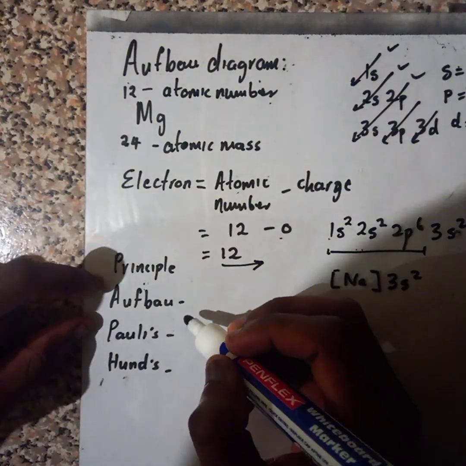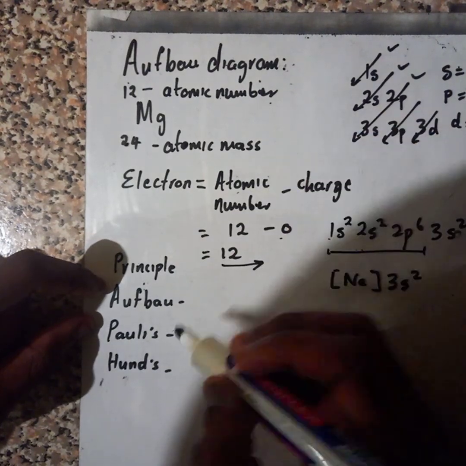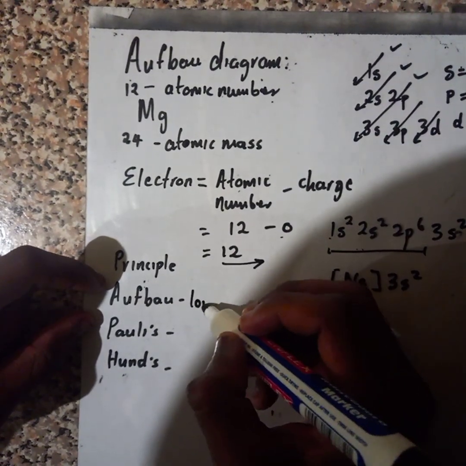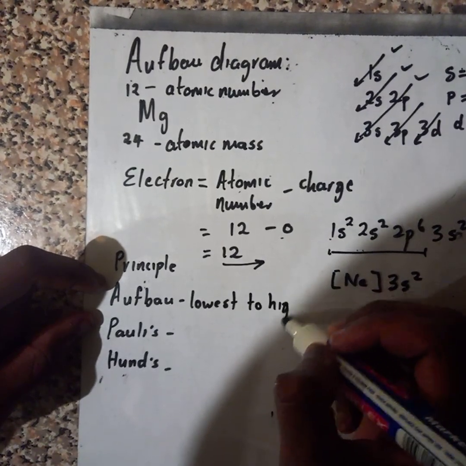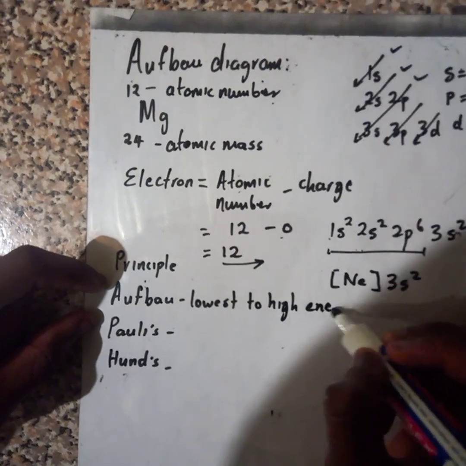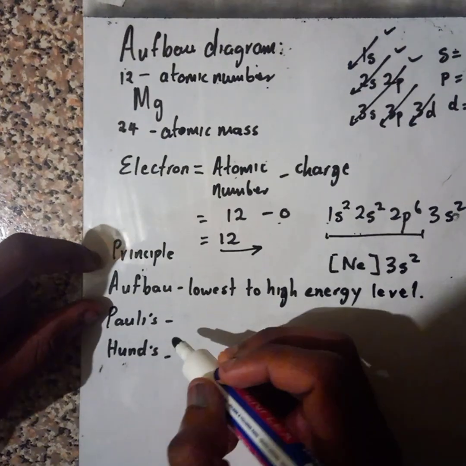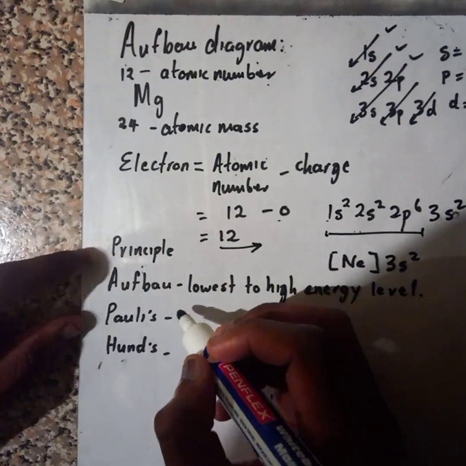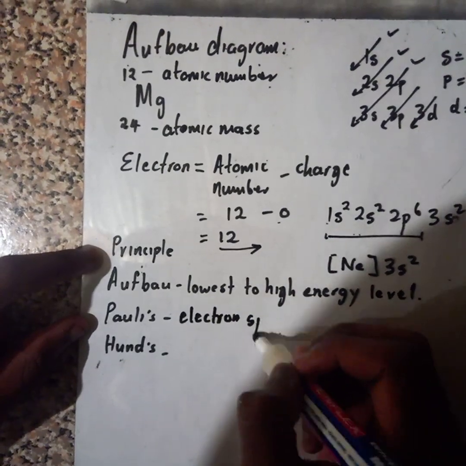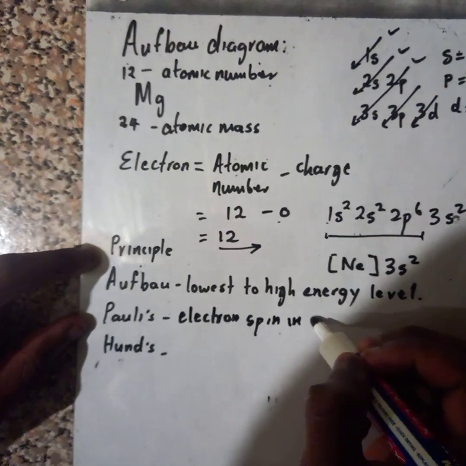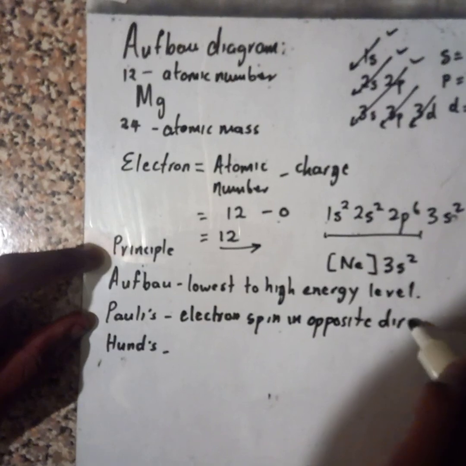The Aufbau principle states we start from lowest, then we move to the highest energy level. From lowest to high energy level. Then Pauli's principle states electrons spin in opposite direction.